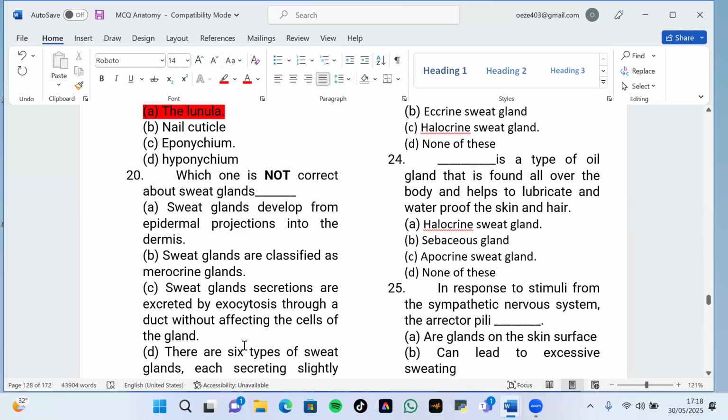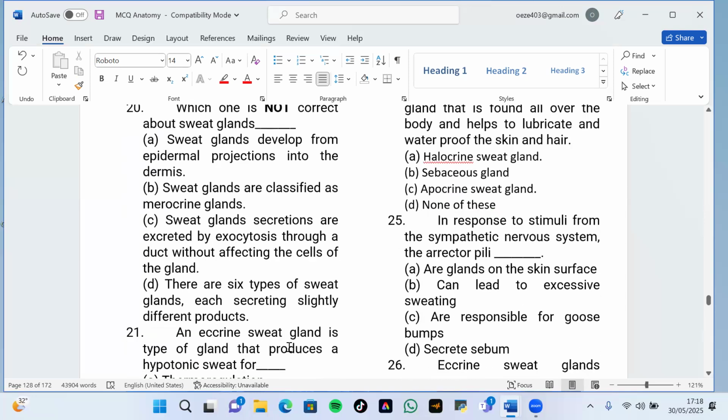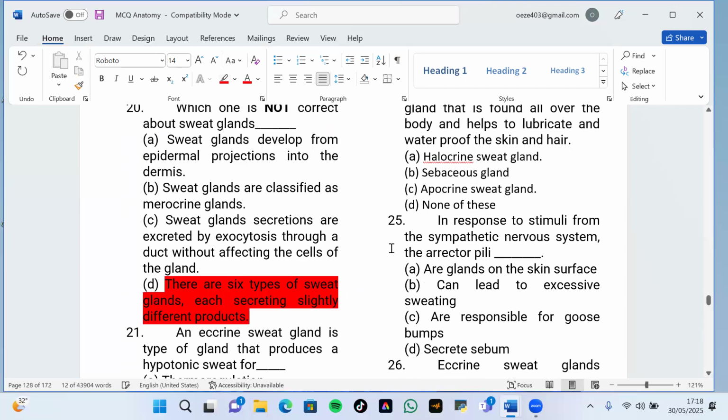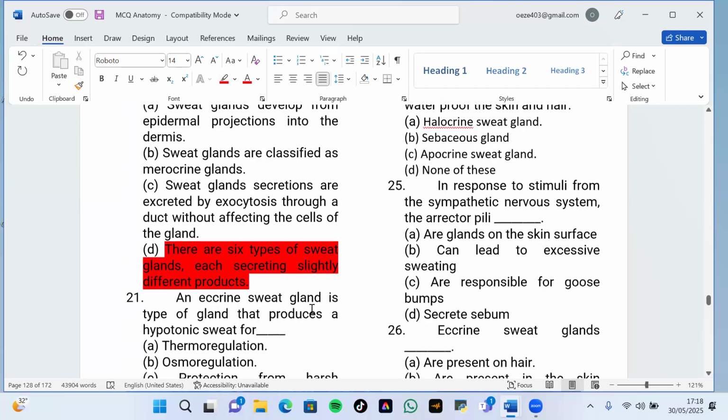D, there are 6 types of sweat glands, each secreting slightly different products. So the correct answer is D. There are not 6 types of sweat glands, each secreting slightly different products.